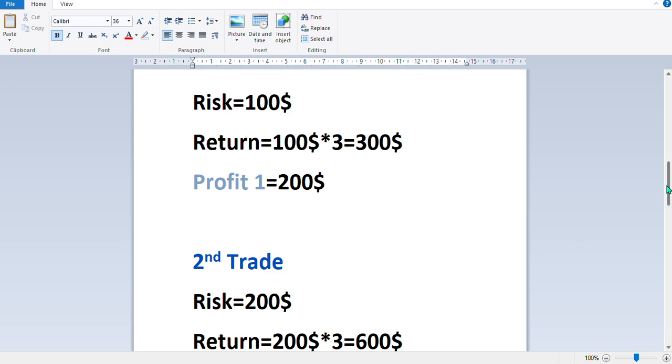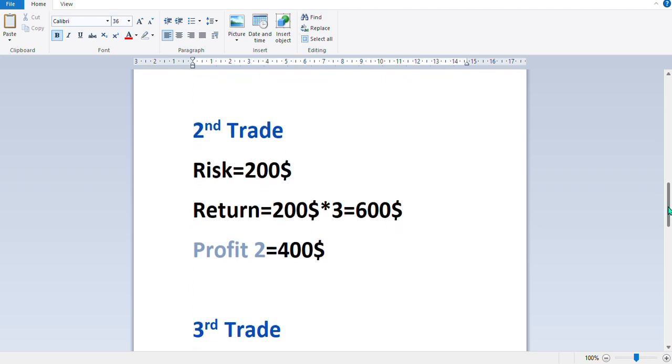So in our second trade, we will be using $200 as our risk, and our return will be $200 multiplied by 3, which is $600.